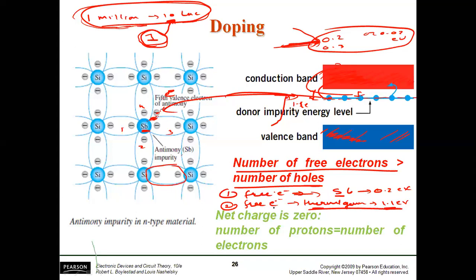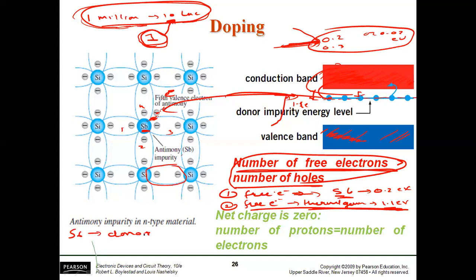Because of this thermal generation, some amount of holes will also be created. But still you have additional electrons because of the antimony atom. So you can say that the number of free electrons will always be greater than the number of holes. This is the case. And this antimony atom is known as a donor atom.